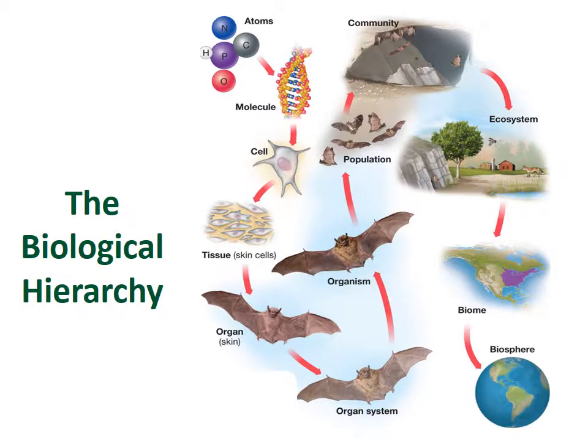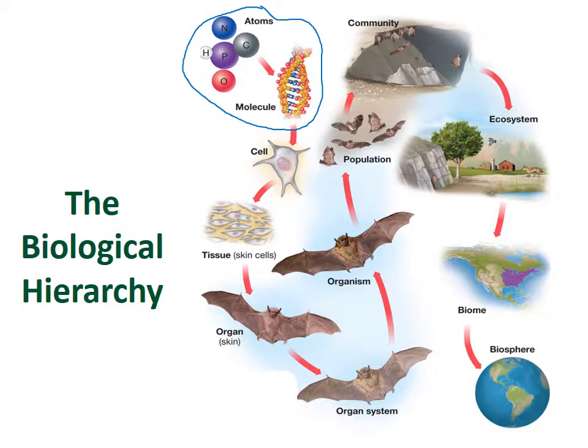If we go back in Chapter 1, we looked at something called the biological hierarchy. And this is showing the different levels that we can study within biology. We spent some time looking at atoms and molecules in the previous chapter. These atoms come together, they form bonds to create molecules.